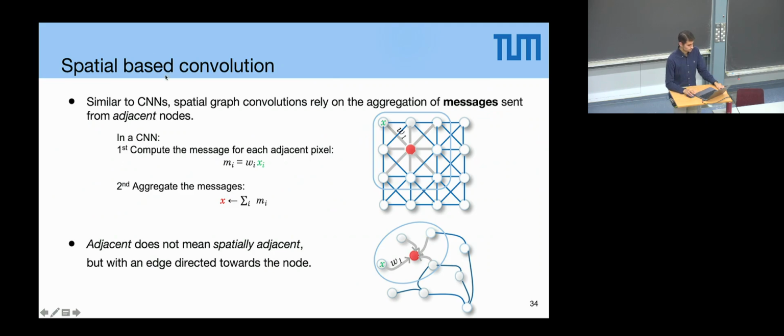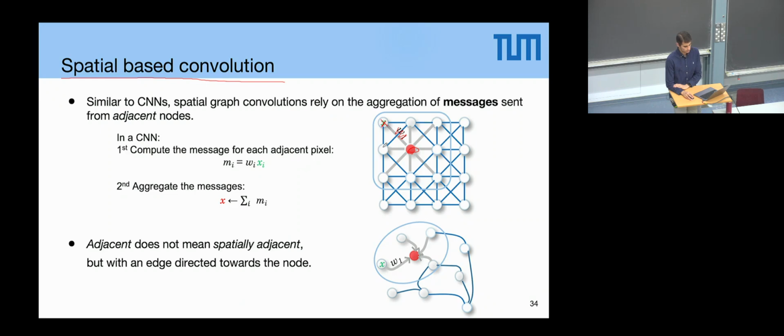Okay, so now we have finished with that family of convolutions, the spectral convolutions. Now let's have a look at the spatial based convolutions. Here the idea is similar to what we were doing in CNNs intuitively. In CNNs, let's say we have a kernel size of 3 by 3. What we do is for each of the neighboring nodes, we multiply them with a weight, which is different for each of the neighbors.